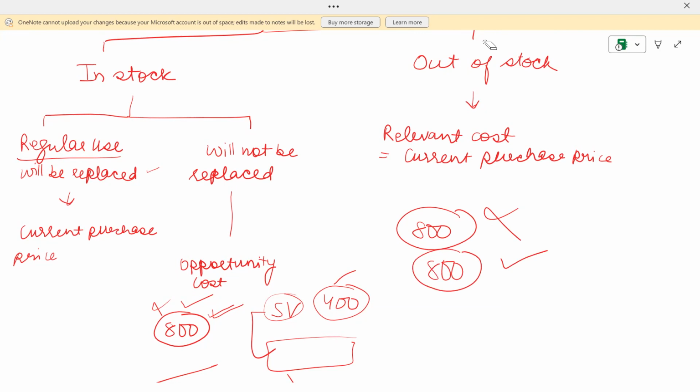Another thing is that if a material is something which you have in short supply, that means it's very difficult to get that material. In such a scenario, the proposal being undertaken would be denying another part of the organization that resource.